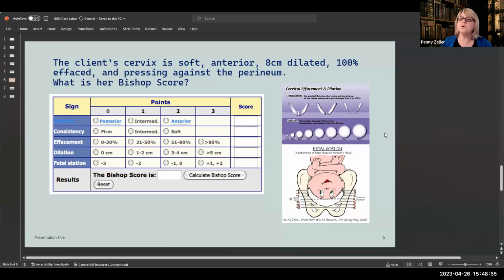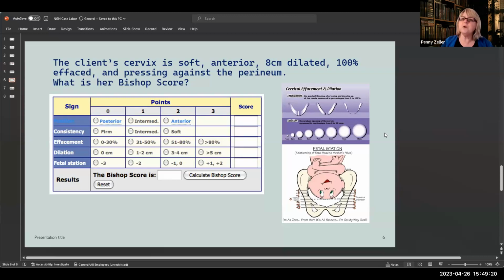So with a Bishop score of like 7 or 8, we can pretty much go ahead and start contractions. But if her Bishop score is low, in other words, if her cervix is not soft or it's not dilated or not effaced, there's nothing going on with the cervix, then we have to use a medication to help accomplish that.